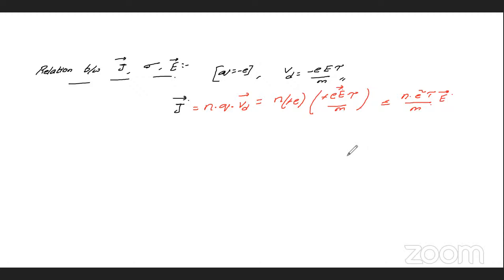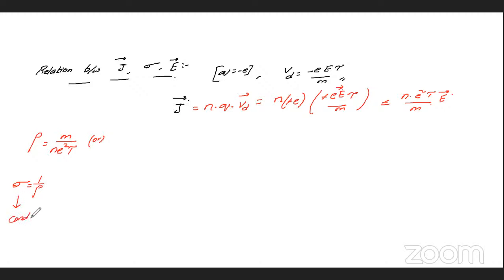From this relation, we already know the resistivity formula we discussed earlier: resistivity rho is equal to m by n e square tau. Or I can take it in terms of conductivity. Conductivity is sigma, which is equal to 1 by rho. Remember, conductivity and resistivity are inversely proportional.